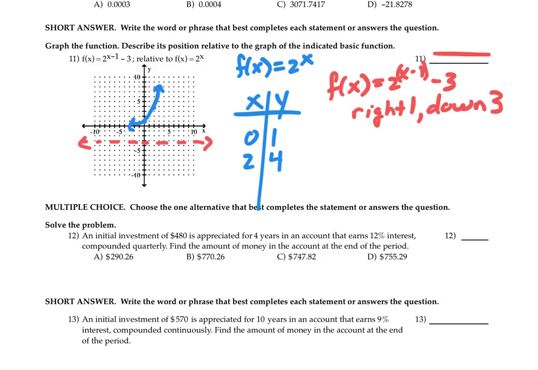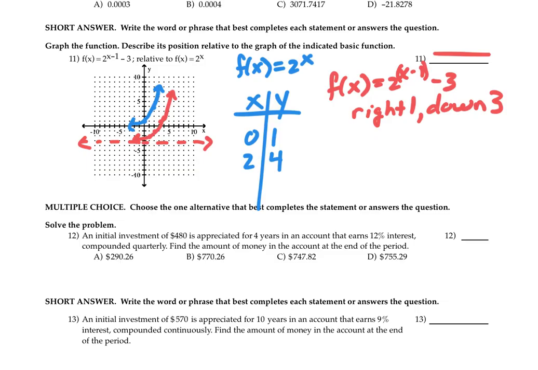When I put this into my calculator, you'll see that as well. You'll see that it's approaching that line. But that's a really, really important part of the graph. When I put this in, a lot of people will bring that down and it'll... and that's why I like to graph the blue one, is because what we're saying is this graph has moved right 1, down 3.